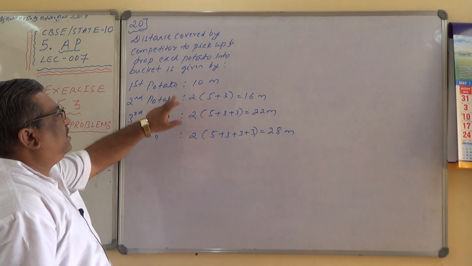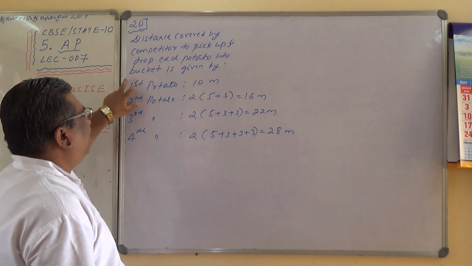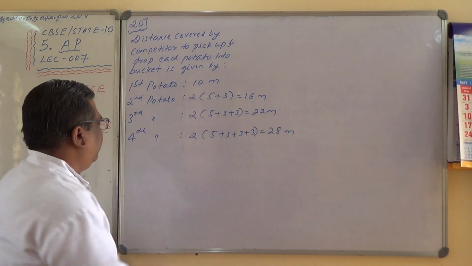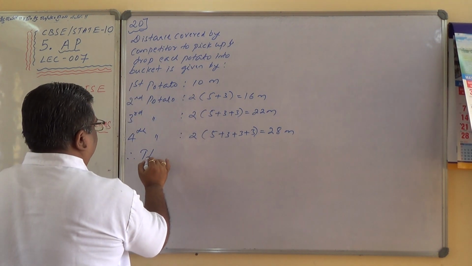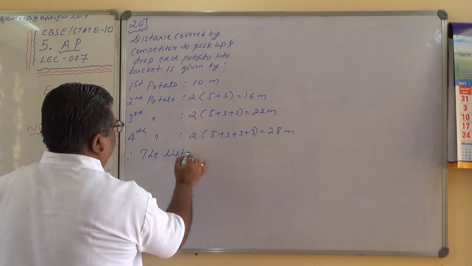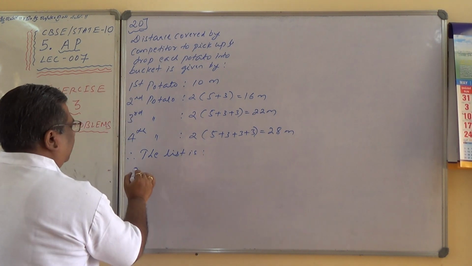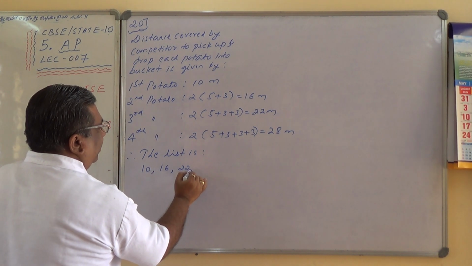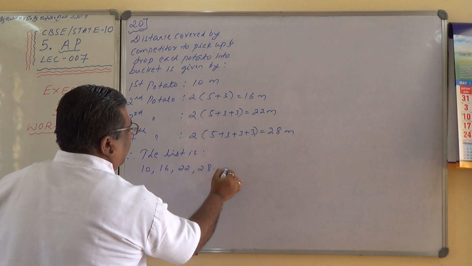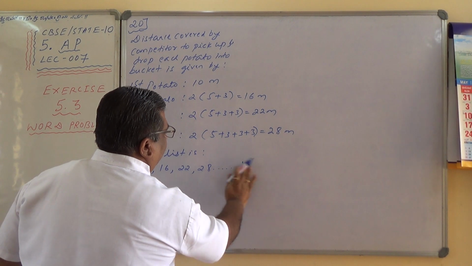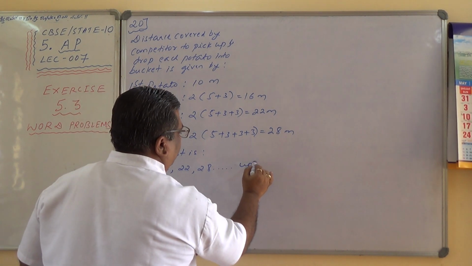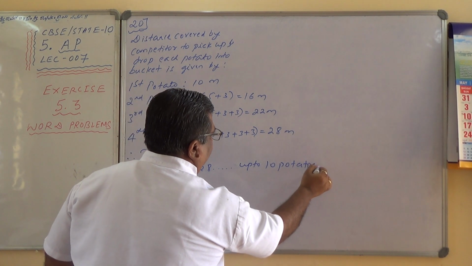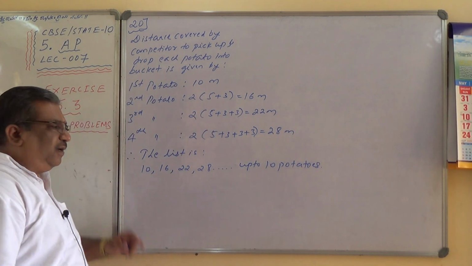Therefore the list of distances is 10, 16, 22, 28, up to 10 potatoes. Correct?